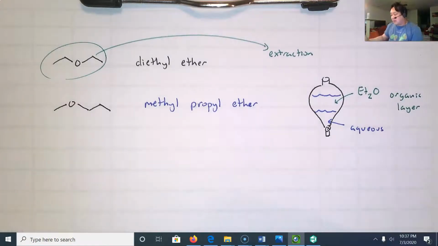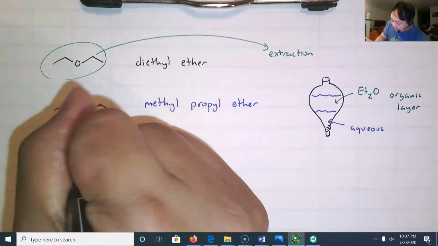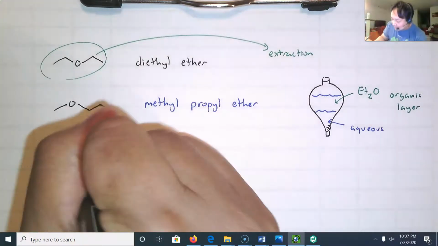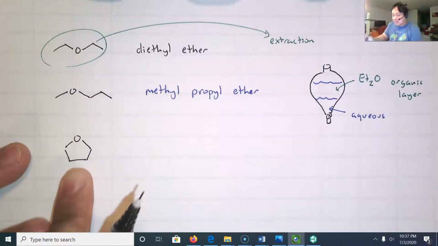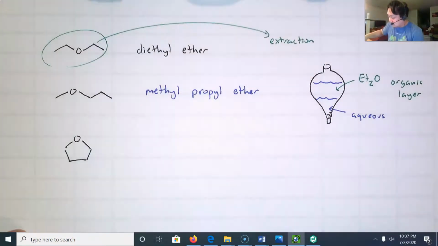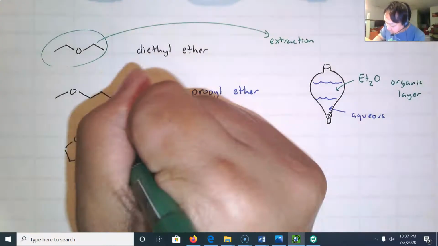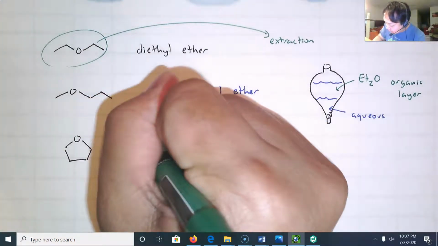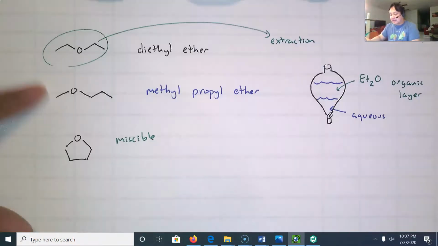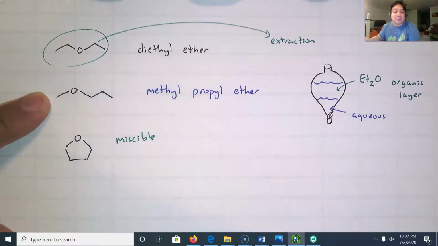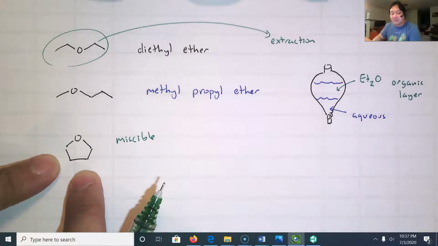Another ether that you might be working with in lab, though, is an ether that's miscible in water. So this is miscible in water. It's kind of strange, right? Why are diethyl ether and this methyl propyl ether immiscible in water, whereas this molecule is miscible?